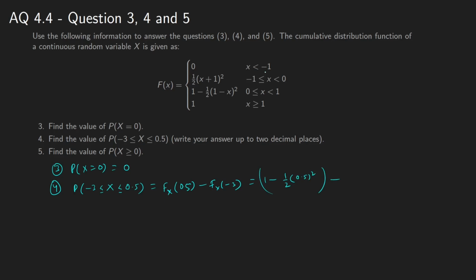Before minus 1, the value of the CDF is 0, so it's just 0. So 1 minus 0.25 by 2, so it will be 0.875. So it is the probability that x will fall between minus 3 and 0.5.